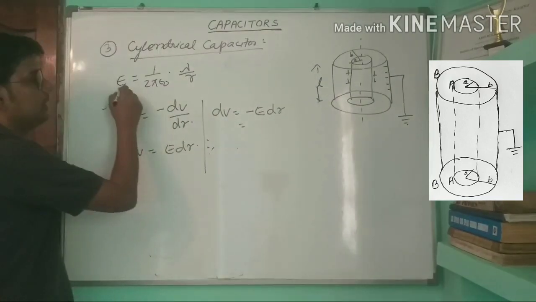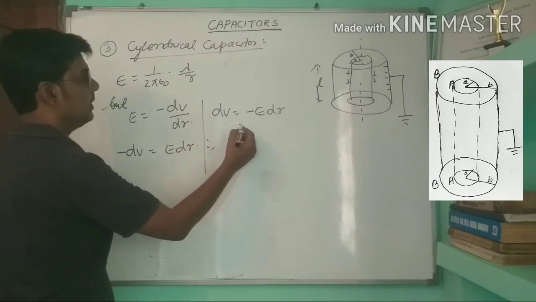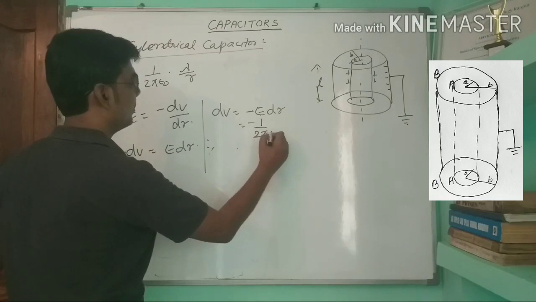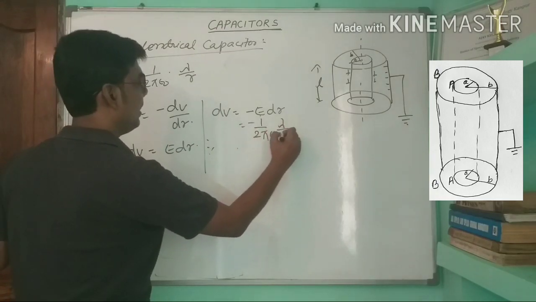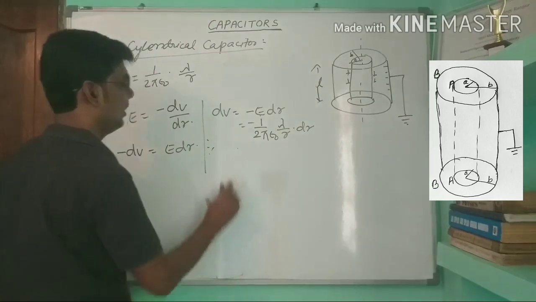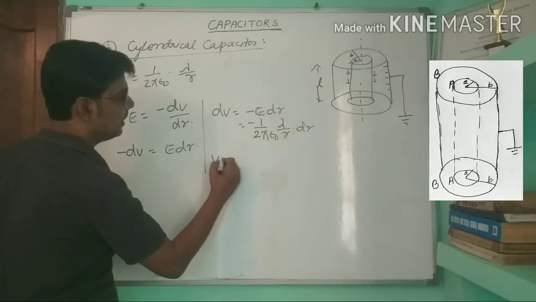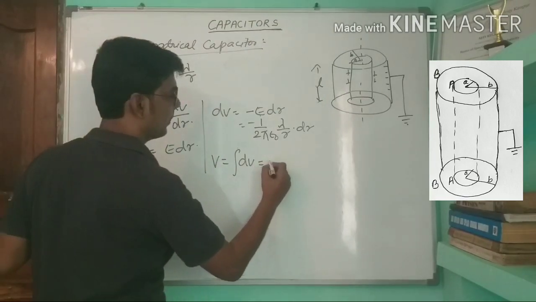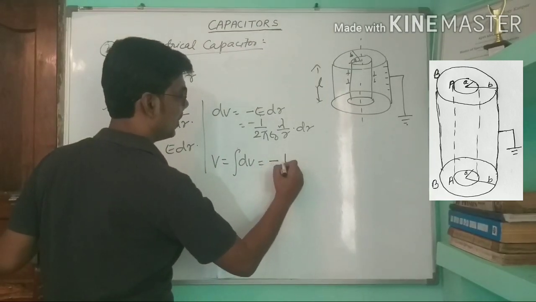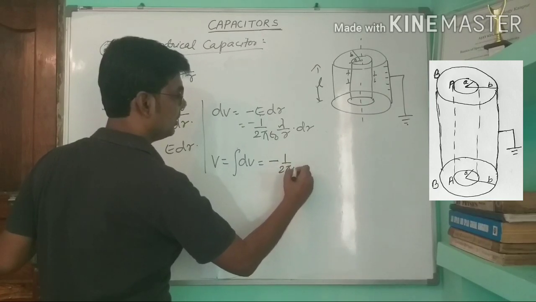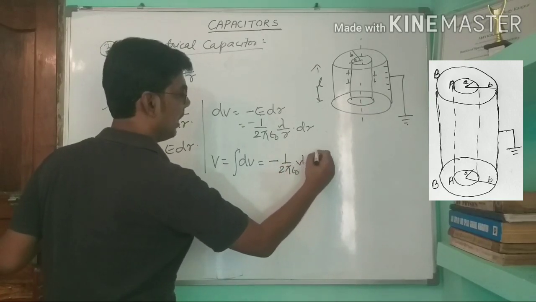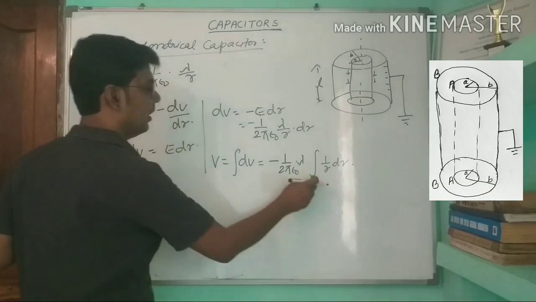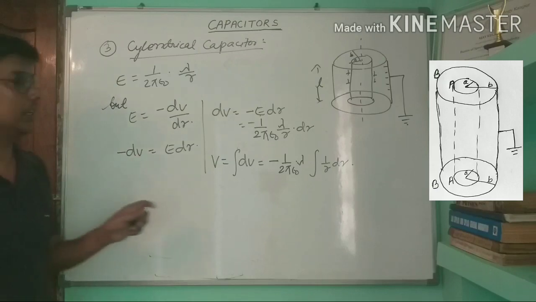Now put the value of electric field intensity here. So it will be minus 1 by 2 pi epsilon 0 lambda by r into dr. Now total potential V will be the integral of dV equal to minus 1 by 2 pi epsilon 0 into lambda and 1 by r dr. Now integrated from where to where?